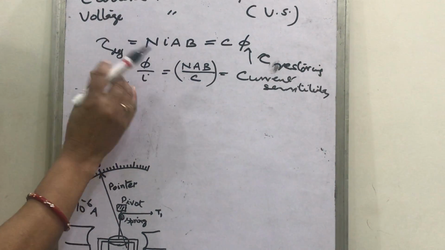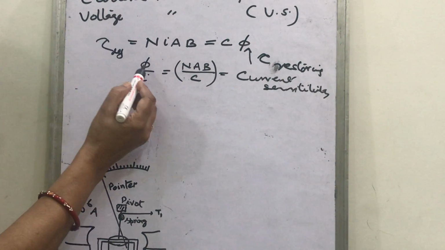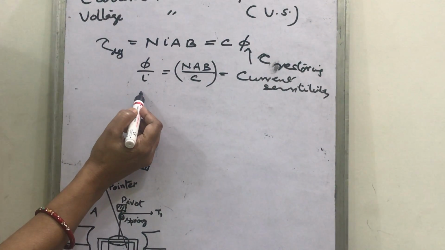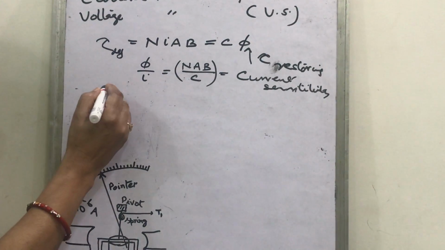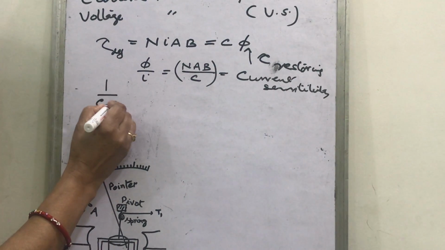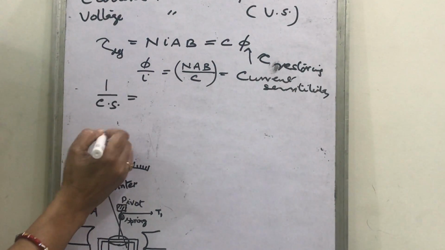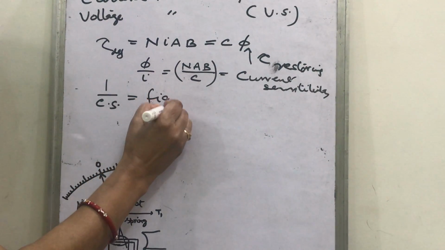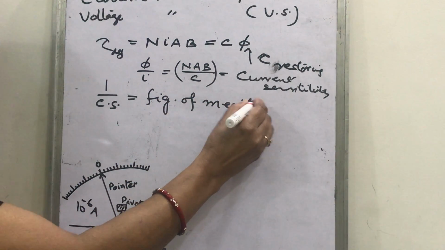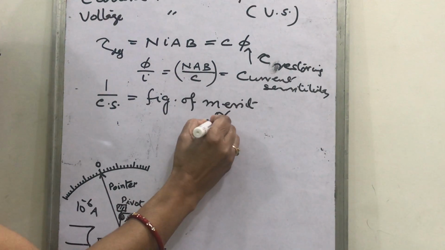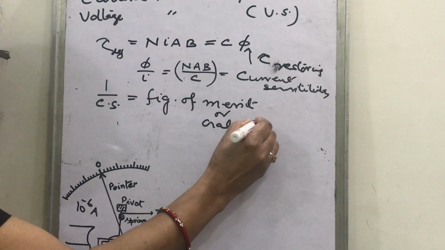So the spring or strip is twisted, and that twist per unit current is called current sensitivity. One more thing: 1 upon current sensitivity is also called figure of merit. This figure of merit has another name, galvanometer constant.